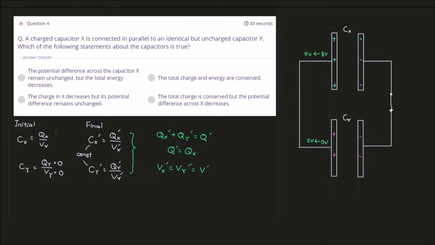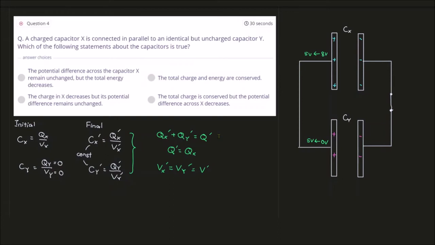Because before that, all of the charges are stored at capacitor X. Then after that, the amount of charges initially stored in capacitor X is distributed to the new distribution, which is a portion at capacitor X and a portion at capacitor Y. So if you add up the portion received at capacitor Y with the portion of charge stored at capacitor X, it will be the initial charge stored at capacitor X. That's why we can say Q prime is equal to Qx, because Qx prime plus Qy prime is equal to Q prime.